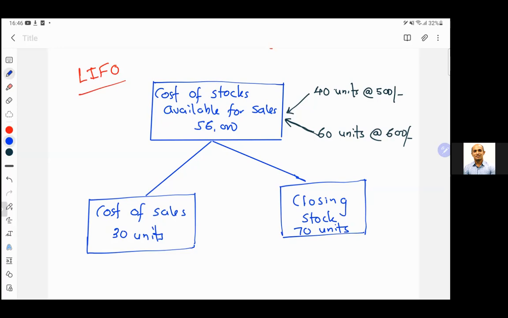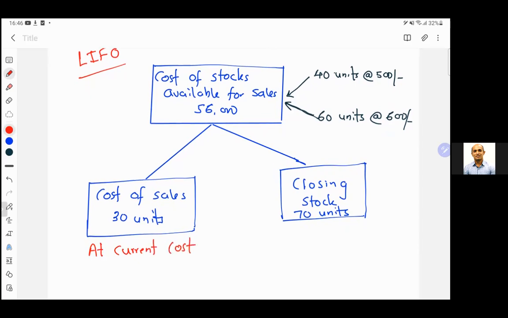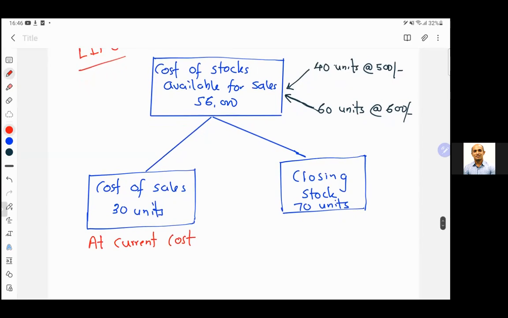In the LIFO method, recent prices, current prices go to cost of sales. Old prices go to closing stock. In the LIFO method, cost of sales is valued at current cost. The current price is 600.